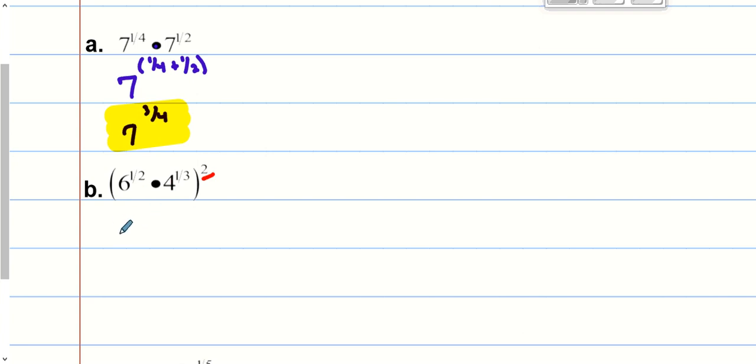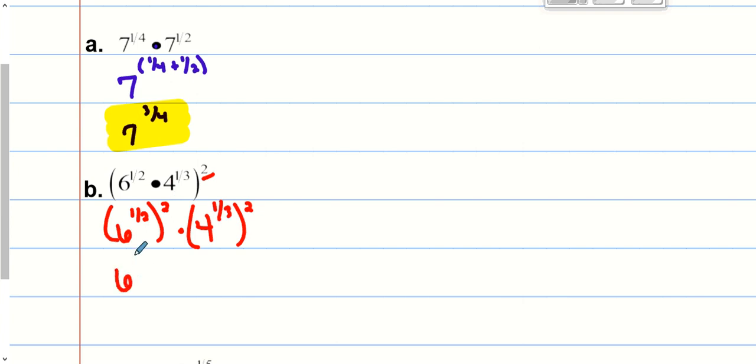So I have 6 to the 1/2, we're going to put that in parentheses for right now, squared, times 4 to the 1/3 squared. So that's our first thing taken care of. Now let's go ahead and do our power to a power.